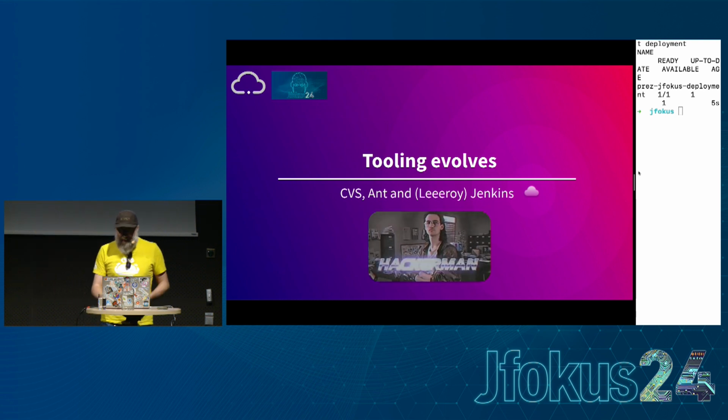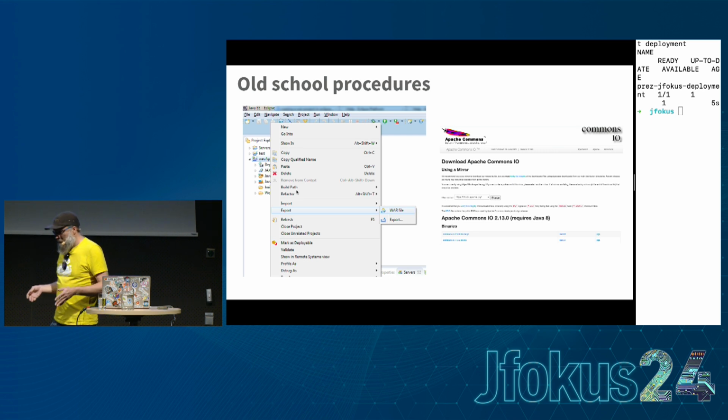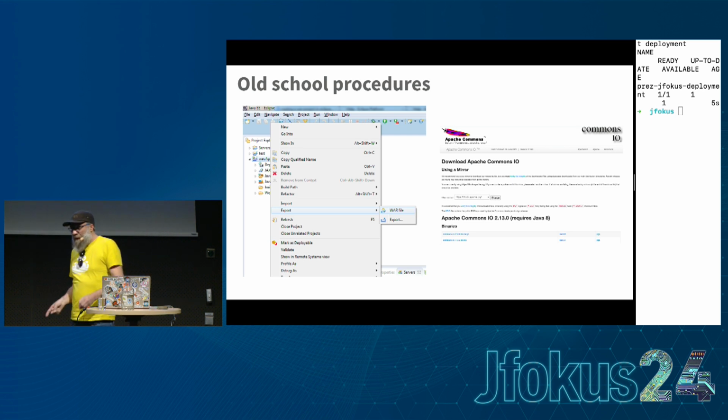Let's go back again in the past. I'm sure you all recognize this. In my first project, to create the build that was going into production, and I was working for a big insurance company in the Netherlands, so it was not a small startup, someone in the team opened his Eclipse, exported the WAR file, put that in a folder, and then sent an email to ops.